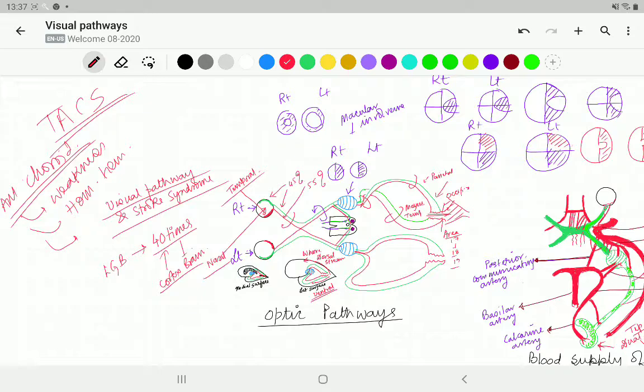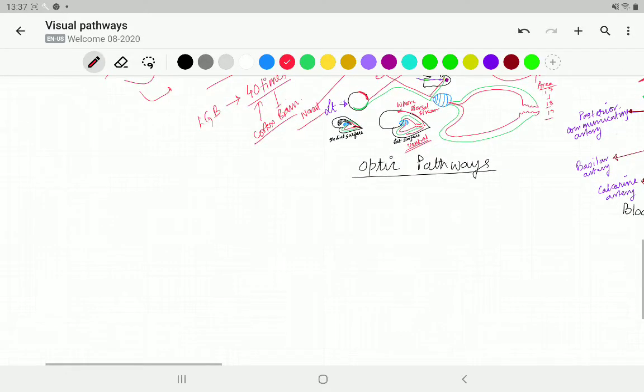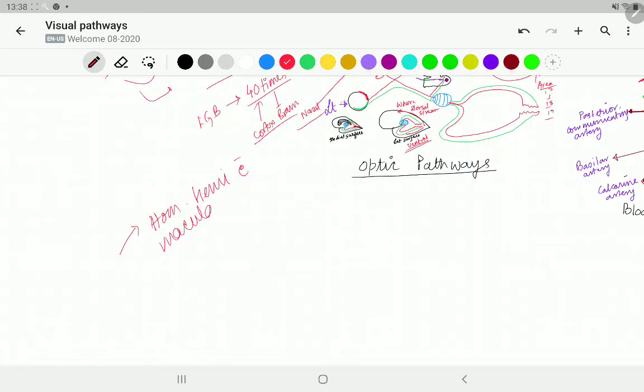So for example, if the occipital cortex is affected, including area 18 or 19, which is the associated visual cortex, obviously you can get homonymous hemianopia with macular sparing and intact light reflex.